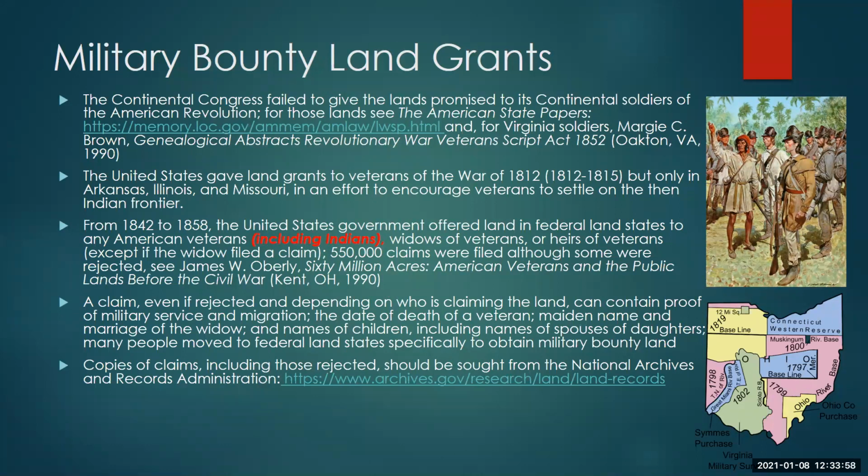If he died at any time before he could file the claim, his widow could file a claim. Now, if she files a claim, she has to explain his military service. She also has to tell you where and when he died, and she has to give you her maiden name and when and where she married him.